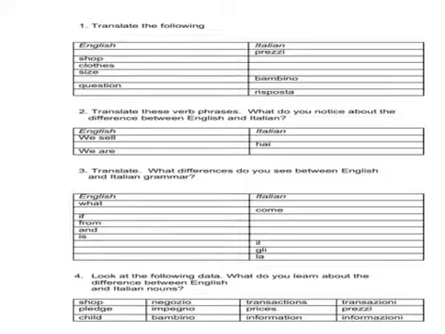Number 3 is further translation. And this really draws attention to differences in grammar. And then 4 is kind of a discovery learning situation where you look at the words, the nouns, and you can learn something about Italian and English nouns and the plural forms.